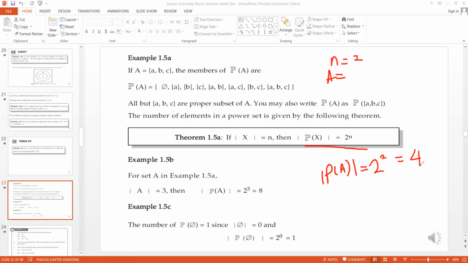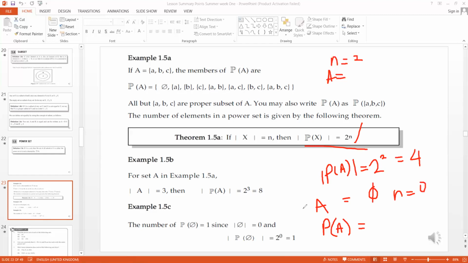Okay, so the question is, how many elements will be in the power set if A is an empty set? To be guided, we use the formula 2 raised to the power n. If A is an empty set, then the number of elements in the set will be 0.